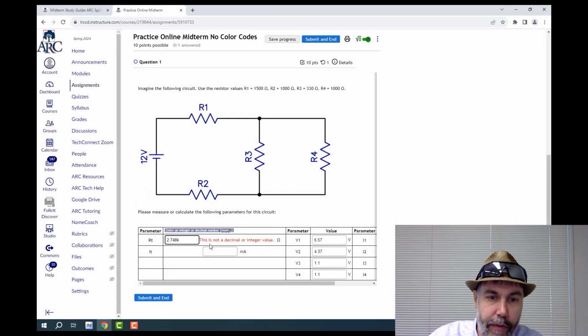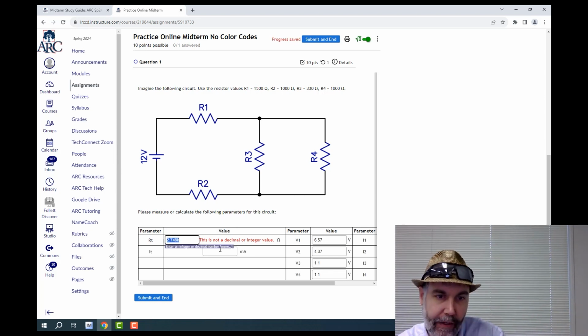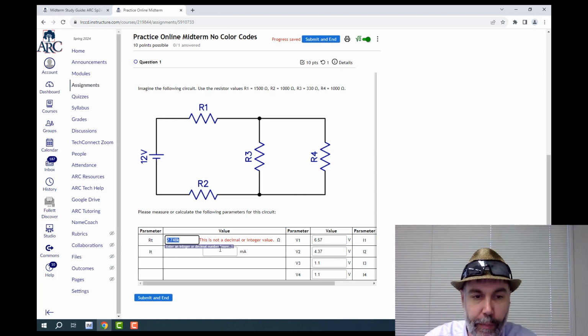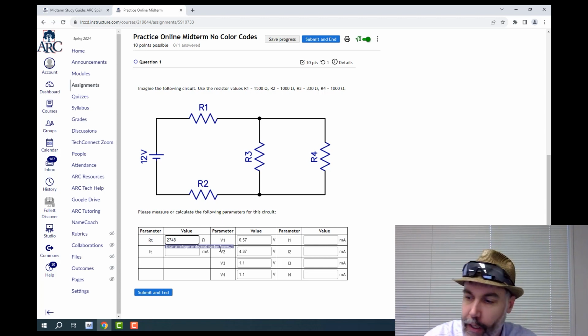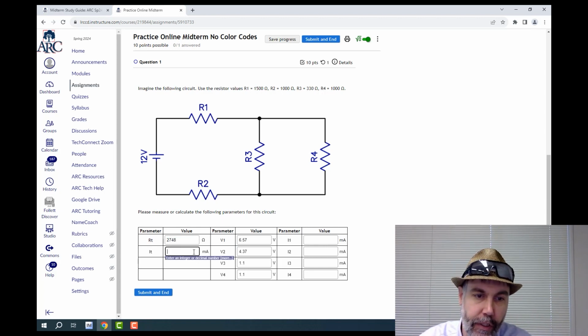It says this is not a decimal or integer value. Okay, it doesn't like the K. You can't just type in K for kiloohms here. You actually have to convert this into ohms. So to go from 2.748 kiloohms to ohms, you would multiply by 1,000. So that would give you 2,748 ohms. Okay.